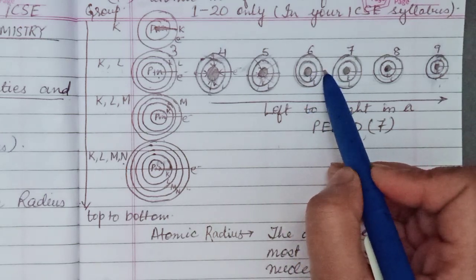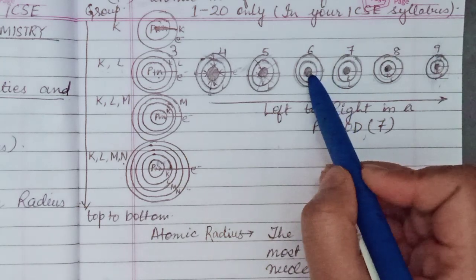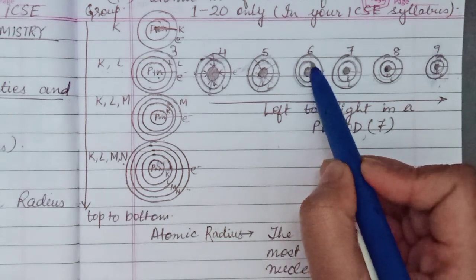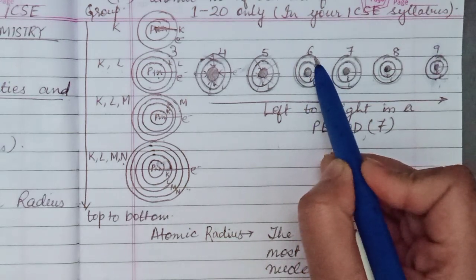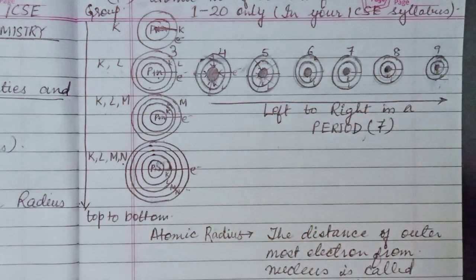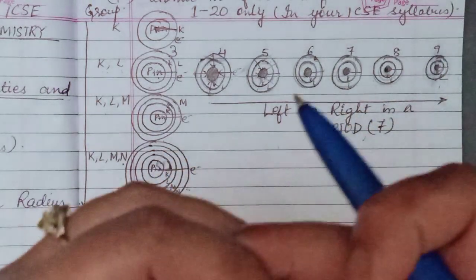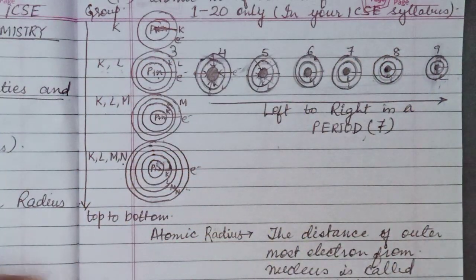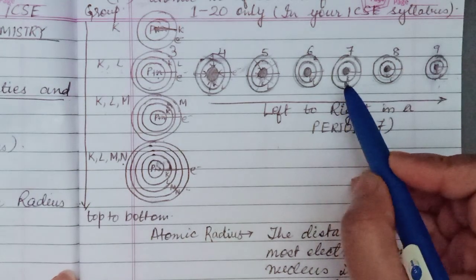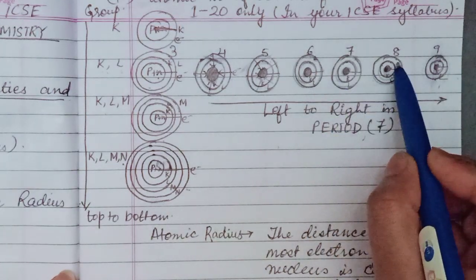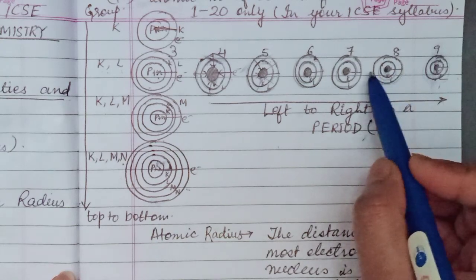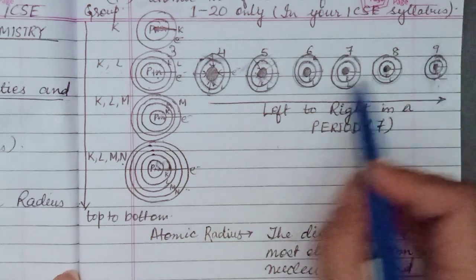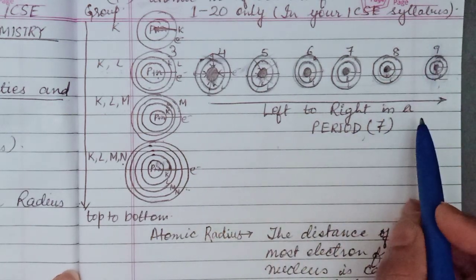There is no increase in the number of shells. So nuclear pull will attract the electrons present in the last shell very strongly towards the nucleus. All the electrons will get attracted towards the nucleus, and due to this very strong nuclear pull, the size of the atom will decrease as we move from left to right. Okay, is it clear now?